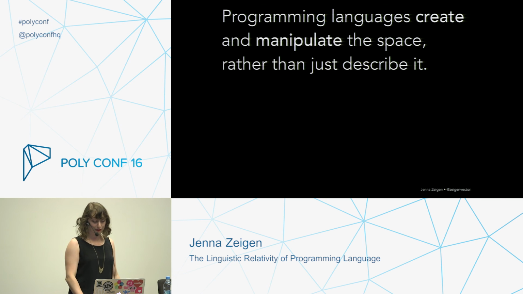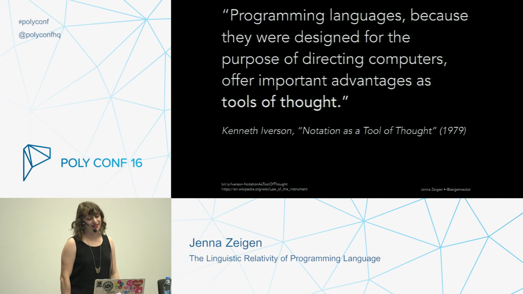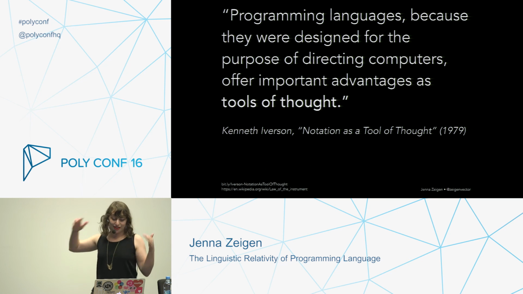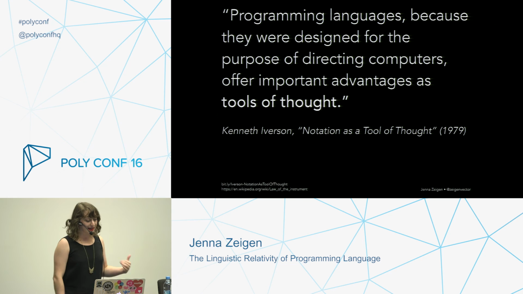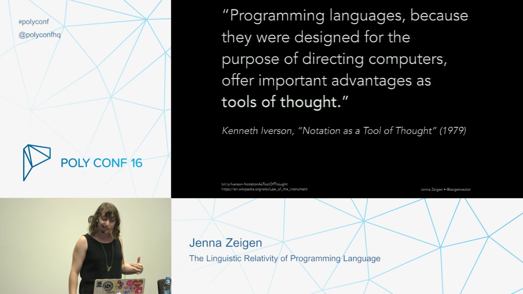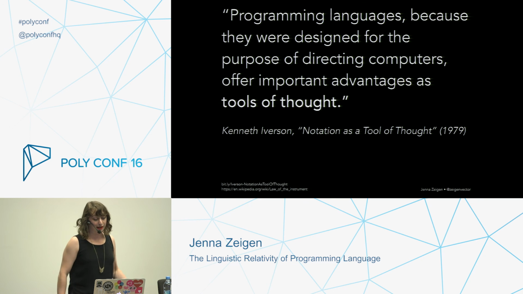So as I said, there were some famous computer scientists that have something to say about language and thought. Kenneth Iverson, who was one of the creators of the APL programming language, which uses symbols, kind of like emoji of the 1970s, said that programming languages offer important advantages as tools of thought.